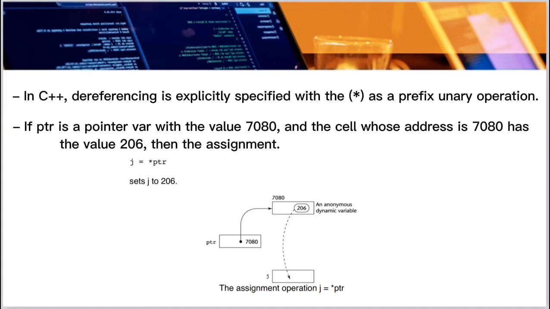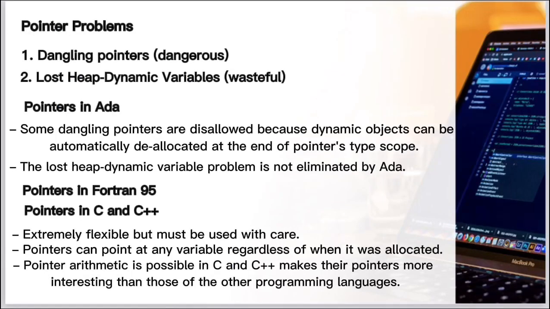Then the assignment problems with pointers: dangling pointers are dangerous, and lost heap-dynamic variables are wasteful. Pointers in Ada: some dangling pointers are disallowed because dynamic objects can be automatically deallocated at the end of the pointer type's scope. The lost heap-dynamic variable problem is not eliminated by Ada.